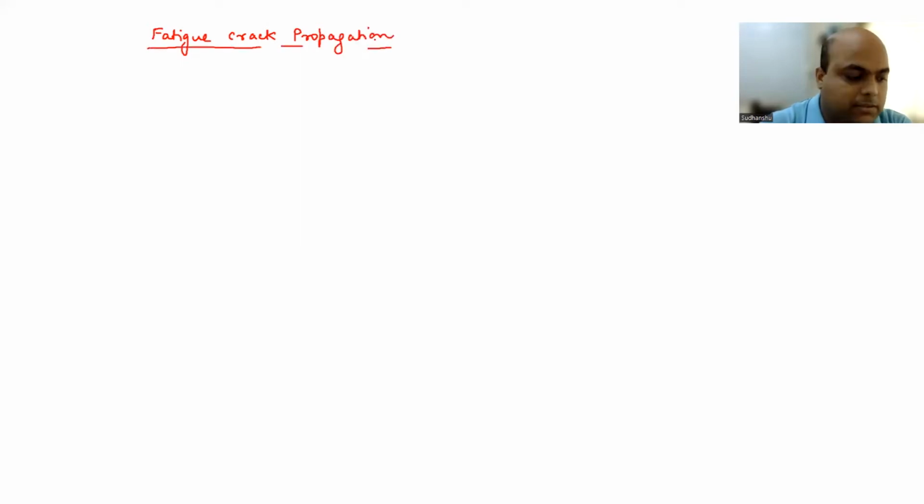Fatigue crack propagation. Let me draw a schematic that is like a summary of what I'm going to discuss in this lecture. So this is your surface, and say this is under delta sigma, and the crack growth direction is along this direction.